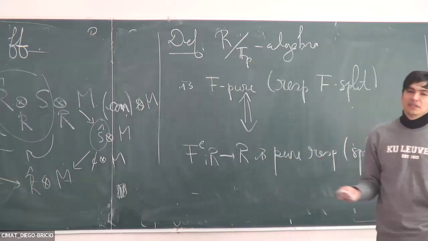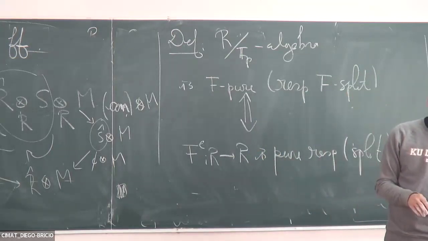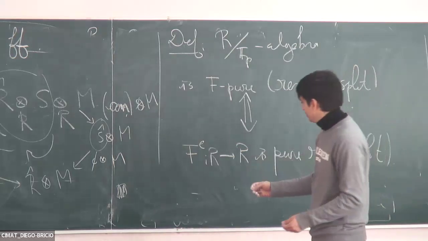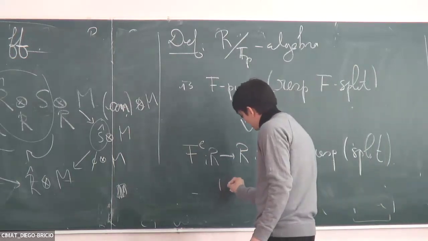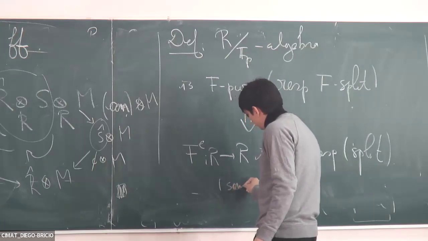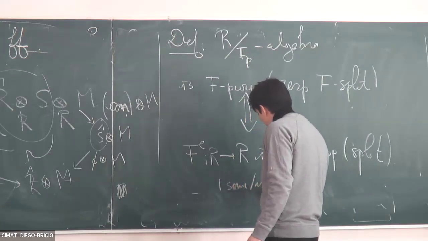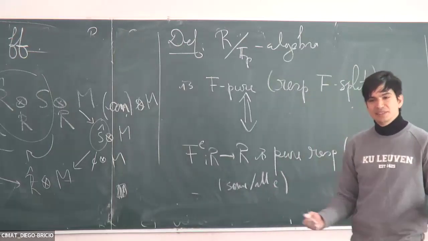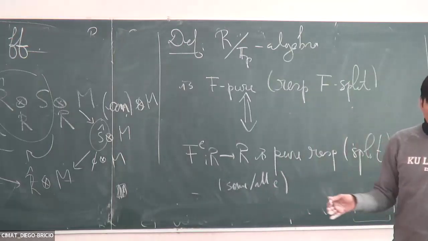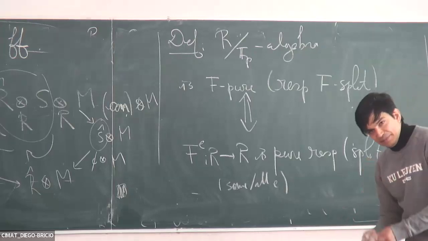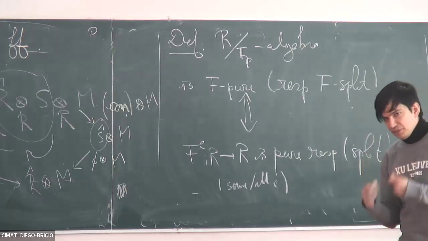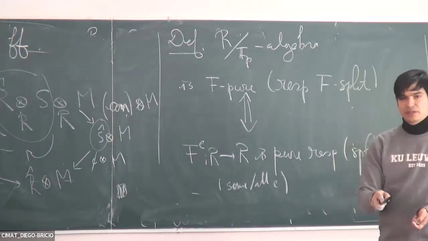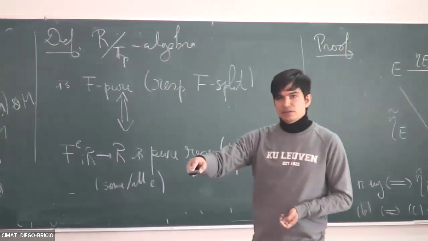What is the reason? Because it's the exact same thing if you declare that for some or for all e. So I'm just going to say some slash all e, and it is an implicit exercise that you have to verify that. It is the same thing to ask that for some e, for e equals 1, or for all of them. It's very simple to do that.